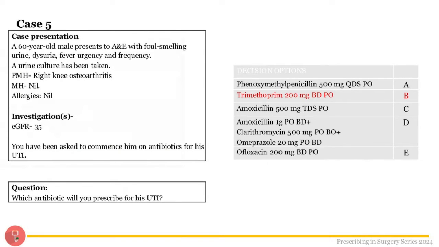This is again only if it's culture sensitive. The reason why it's not D is because amoxicillin, clindamycin, omeprazole is triple therapy used for H. pylori. And the reason why it's not E is because ofloxacin 200 milligrams BD is used for epididymitis.